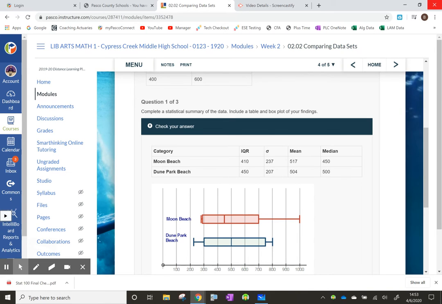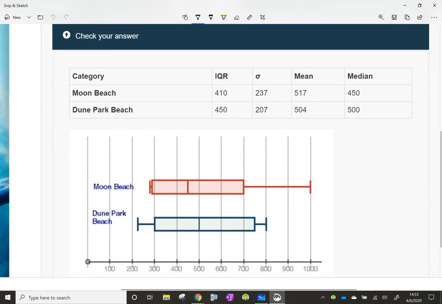Its interquartile range is 410. What that IQR means is that its first quartile and its third quartile span 410.